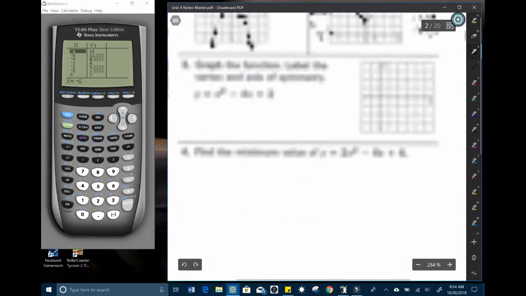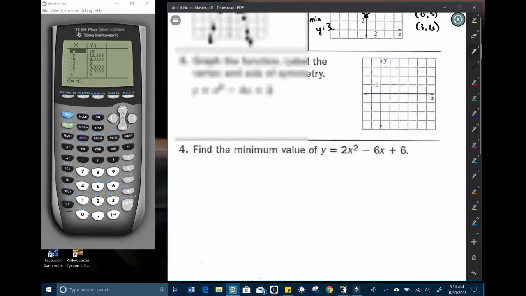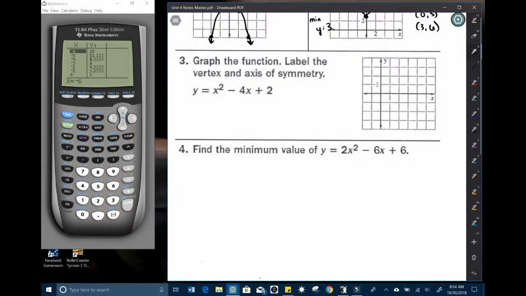Okay, so last two problems here, not too bad. Graphing the function, label the vertex, axis of symmetry, that's what we've been doing. Negative b over 2a. Notice we have a negative 4 here, so it's going to be negative negative 4 all over 2 times 1, okay, which is 4 over 2, which is 2. All right, we're going to substitute that back in.